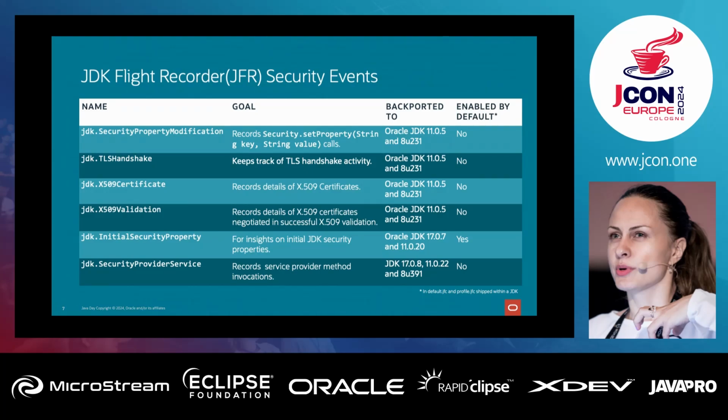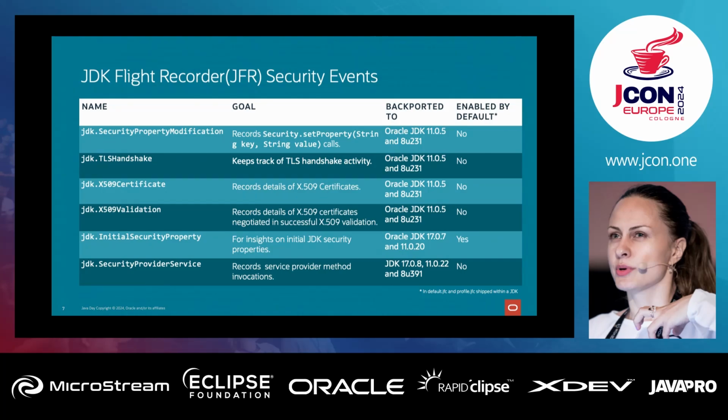Now, JDK 12 introduced 4 JDK Flight Recorder events, and I listed them chronologically. So the first 4 are from JDK 12, and the last 2 are from JDK 20. These first 4 security events are disabled by default in the default.jfc and profile.jfc configuration files that are shipped with the JDK.